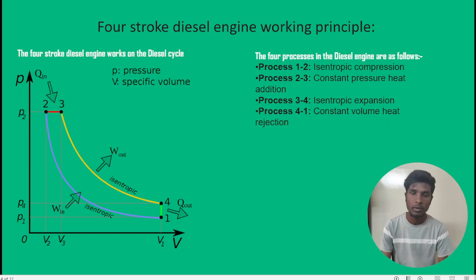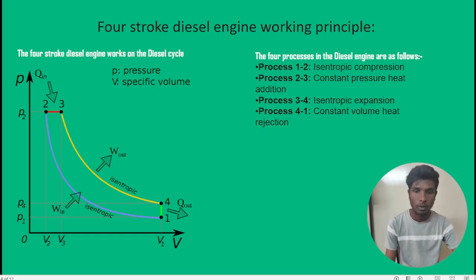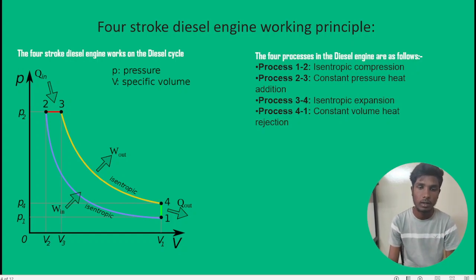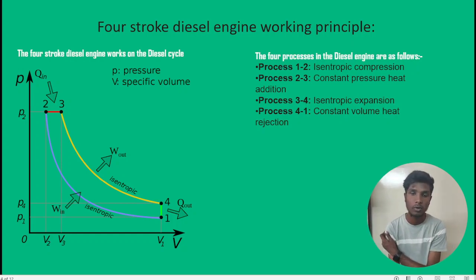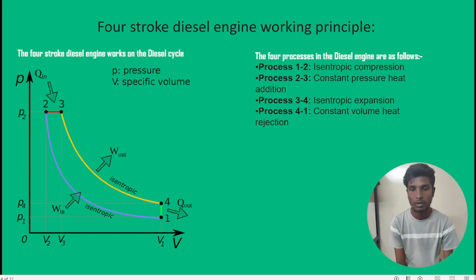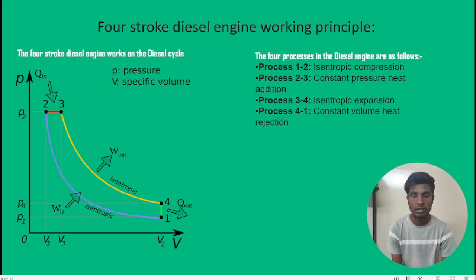The four-stroke diesel engine works on the diesel cycle. In that graph, P means pressure and V means specific volume. There are points 1, 2, 3, 4. 1 to 2 indicates isentropic compression, 2 to 3 indicates constant pressure heat addition, and 3 to 4 indicates isentropic expansion. 4 to 1 is constant volume heat rejection.